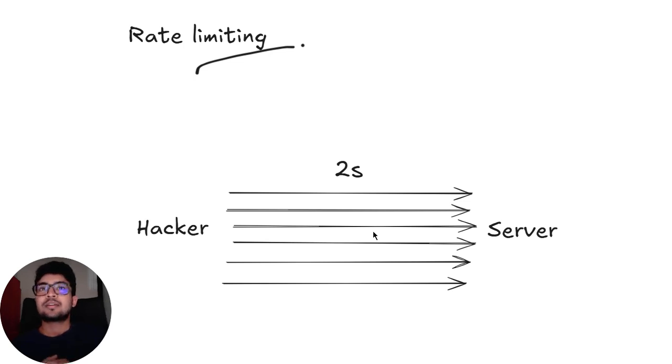So this could ruin the experience for everyone. Rate limiting works by tracking how many requests a user can make within a limited time frame. So you can either block them or slow them down, and you can store this data in an in-memory cache or Redis cache, improving the performance of your application.